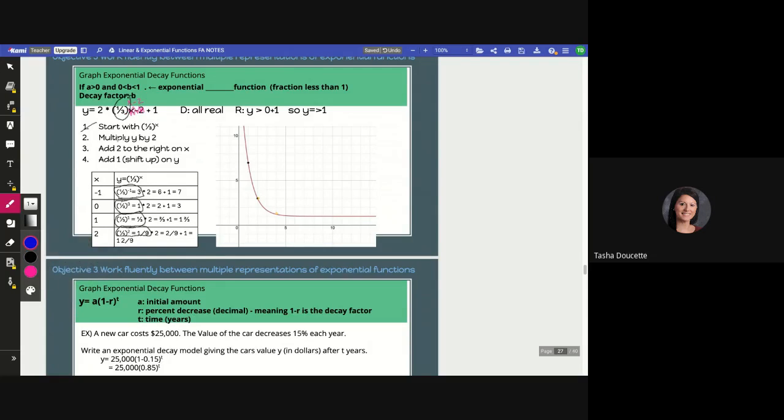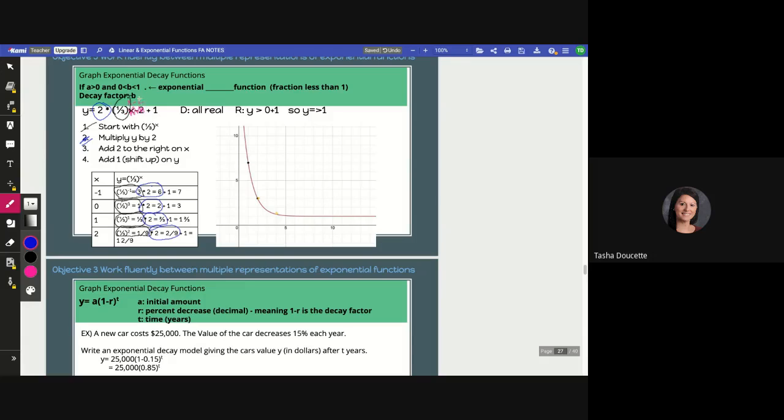Next, you're going to multiply your y by the 2. Okay, so we're taking your answers, multiplying by 2. So your new y values, which we will not plot yet, are 6, 2, 2/3, and 2/9. Okay, so that part is done.